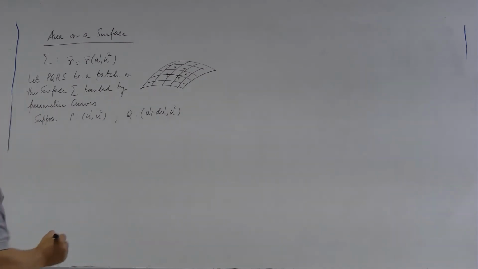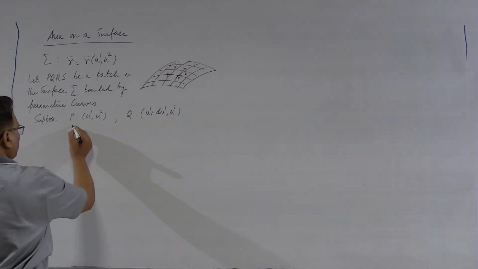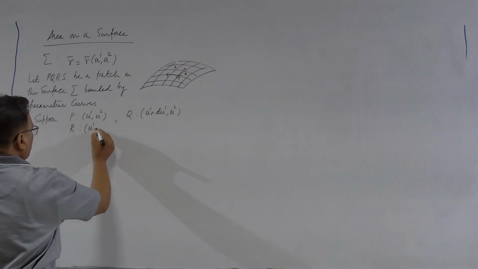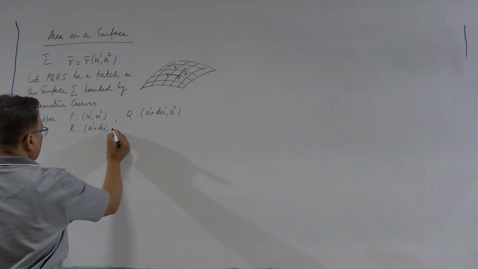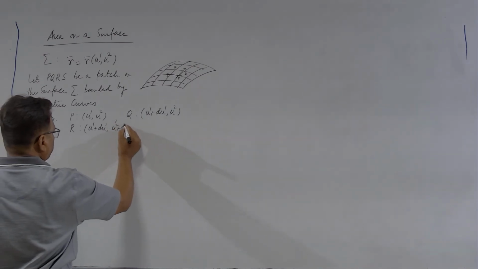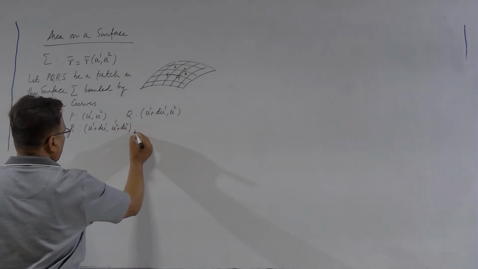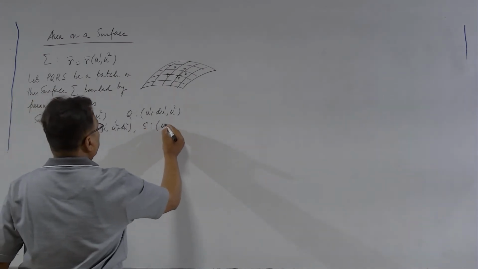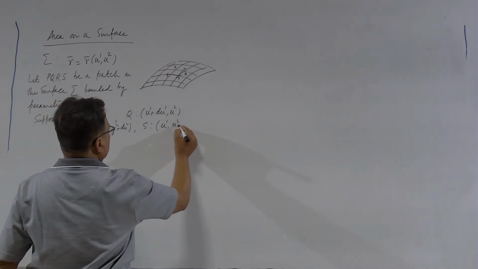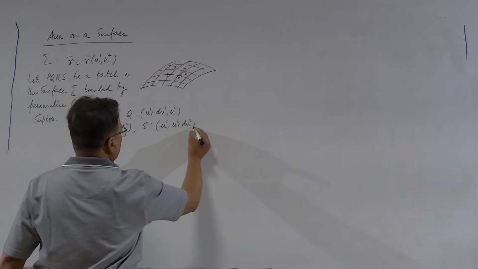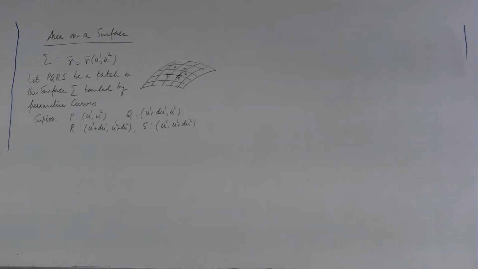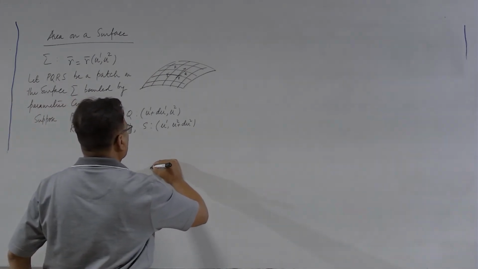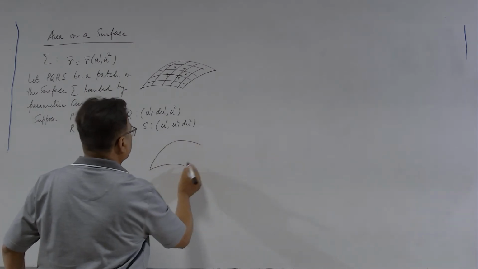This will be the coordinate of Q. Coordinate of R will be u1 plus du1 and u2 plus du2, and coordinate of S must be u1 comma u2 plus du2. I can draw the entire patch PQRS over here. So, this is the patch PQRS.